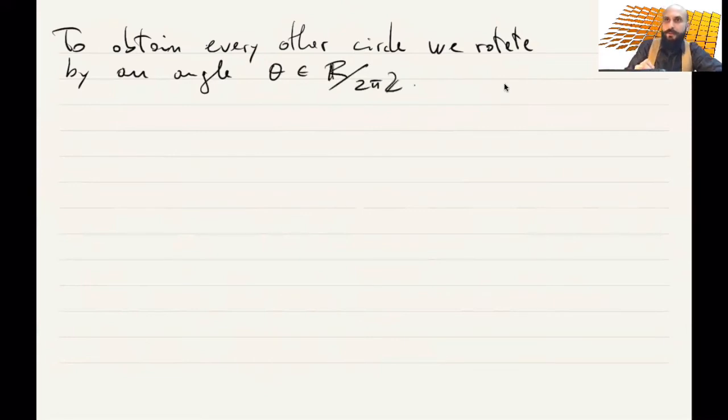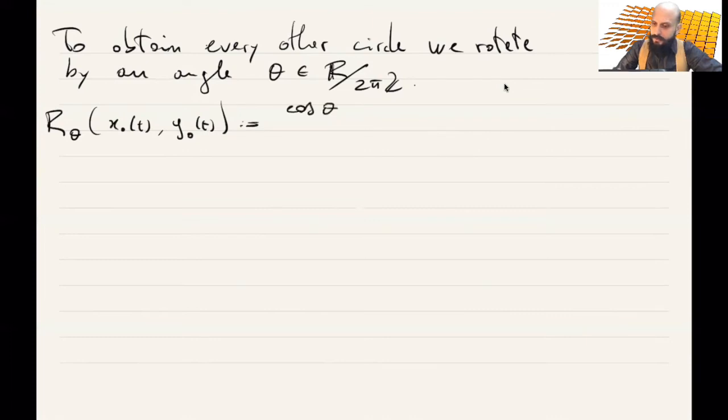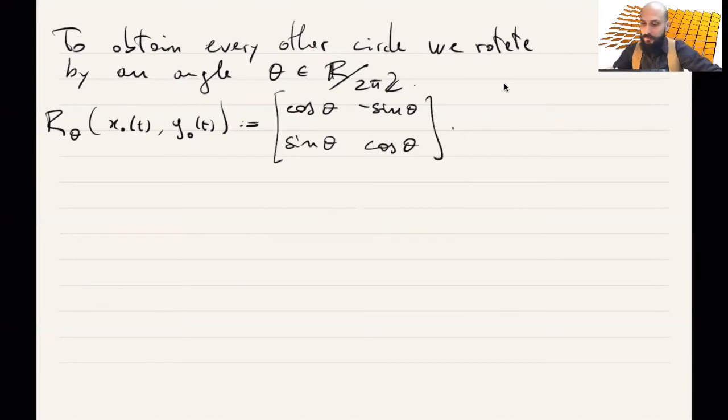So the rotated circle by theta of x0(t), y0(t): the rotation by definition is the matrix cos theta, minus sin theta, sin theta, cos theta. So we rotate, and then we have the circle we had defined before, cos kt minus 1 divided by k, sin kt divided by k.